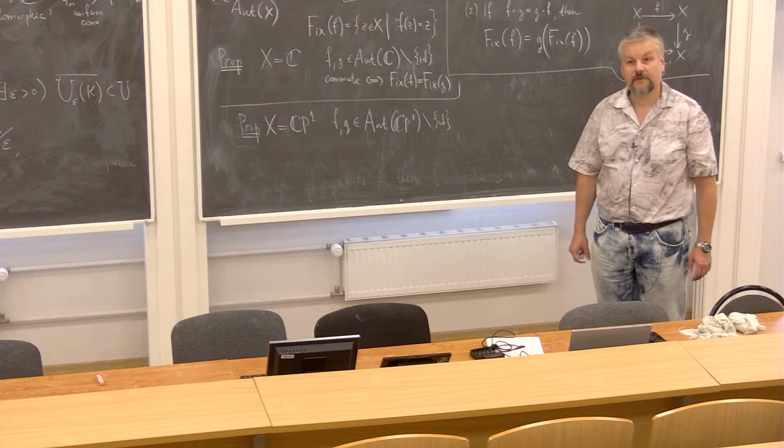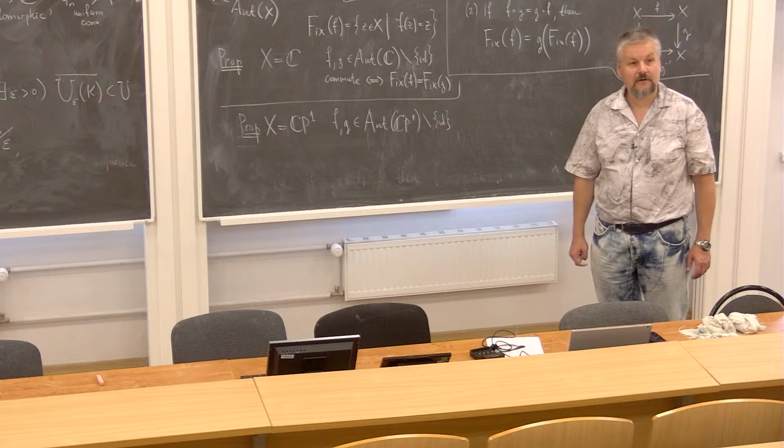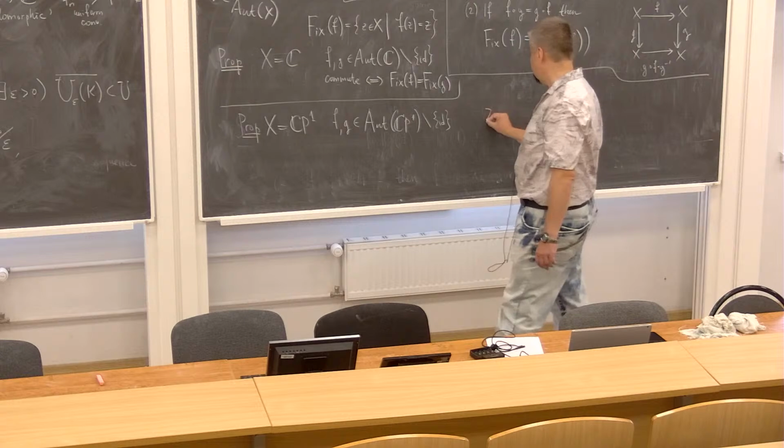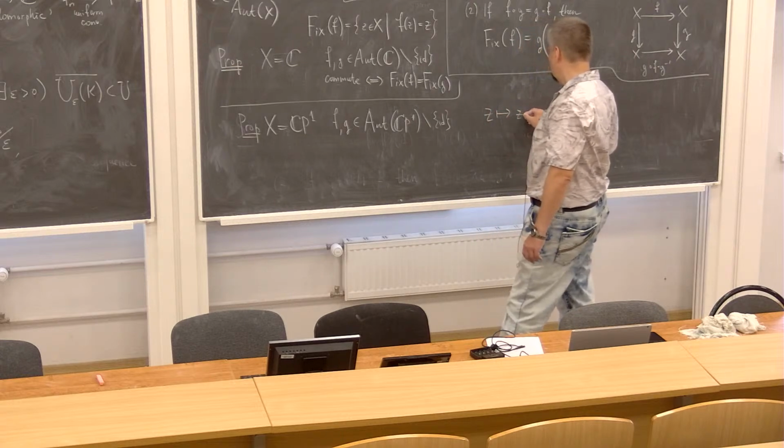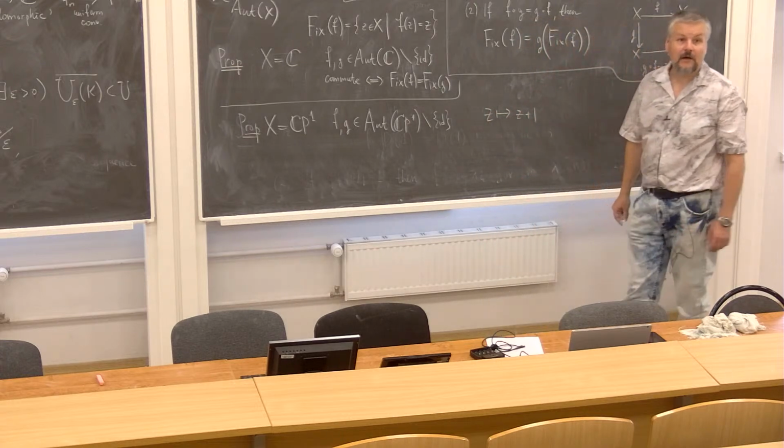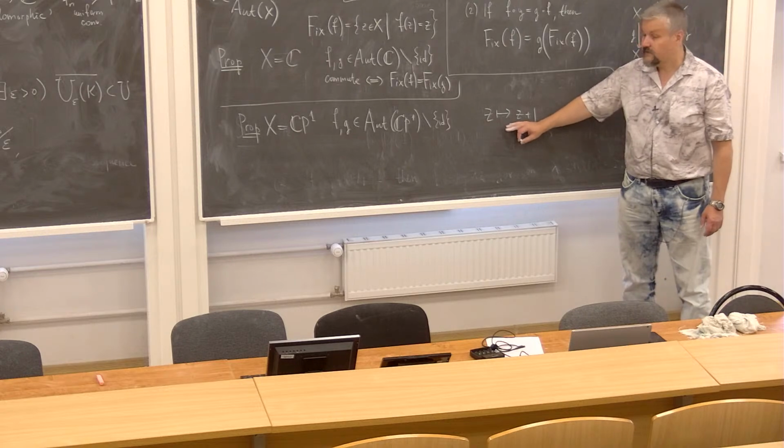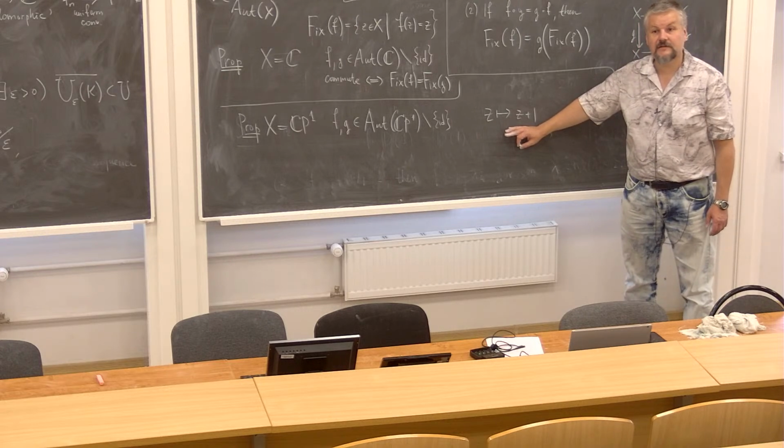Can you give an example of an automorphism with only one fixed point? Yes, Z goes to Z plus 1 is a so-called parabolic map. So in this parabolic case, the fixed point at infinity is degenerate.